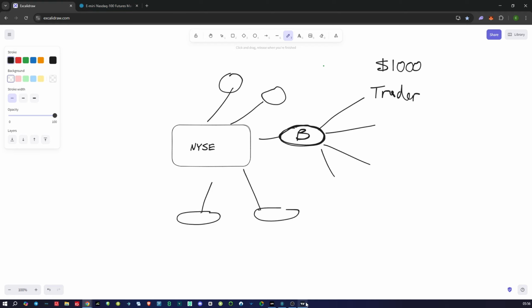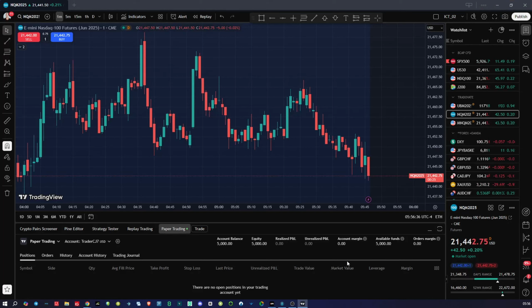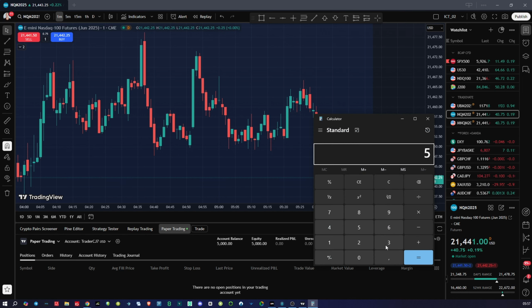So I'm going to show you here, available funds. This is a paper trading account. Available funds are $5,000, but you can see this is priced at $21,440, the price of one Nasdaq. Because I get 200 times leverage on this, that gives me 5,000 times 200, $1 million worth of buying power.